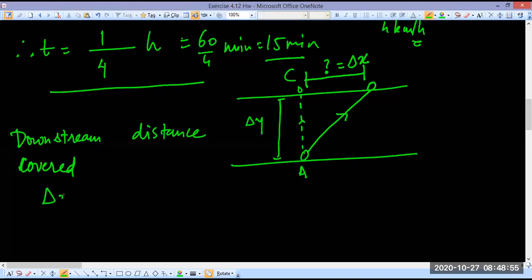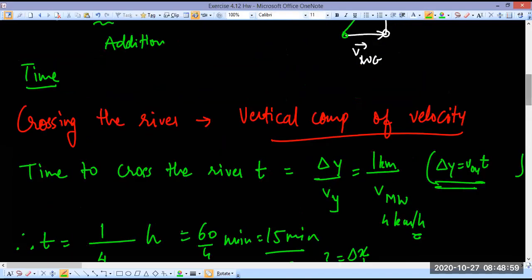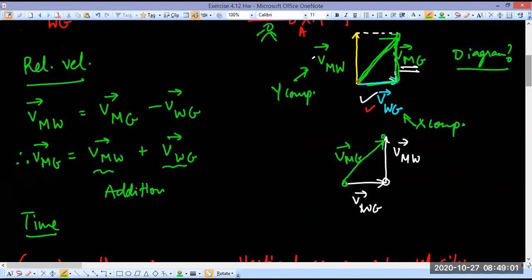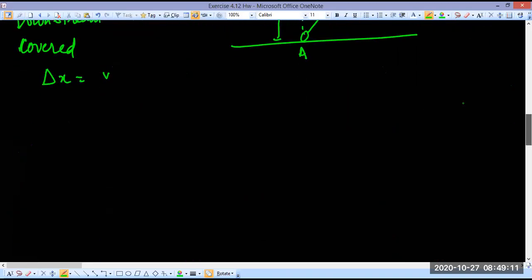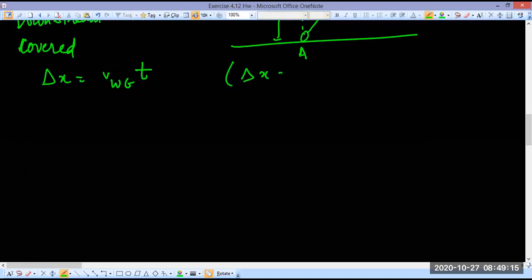That is delta x, and that should be equal to the velocity component in x direction. Have a look, it is clearly vwg, so we can just put vwg over there, and multiply it by time. Actually it's supposed to be like this, but because acceleration is not there in this whole problem, we can just ignore this.